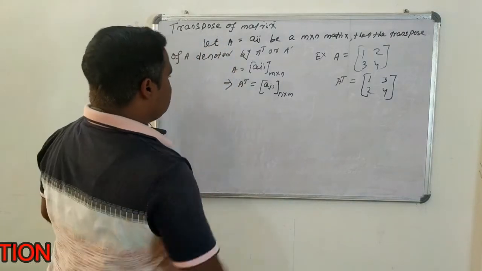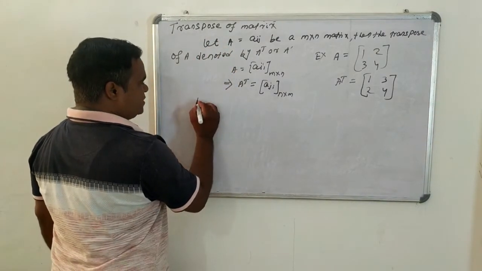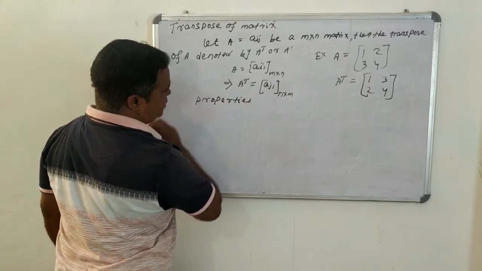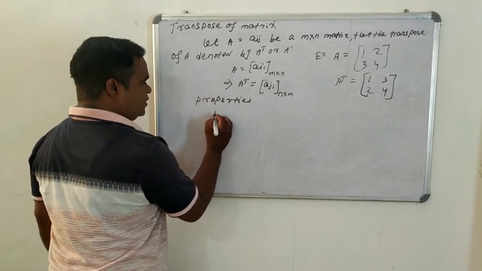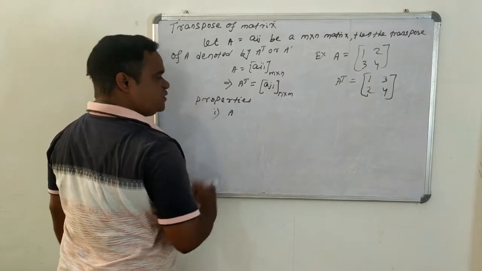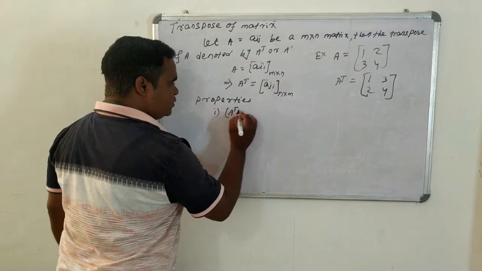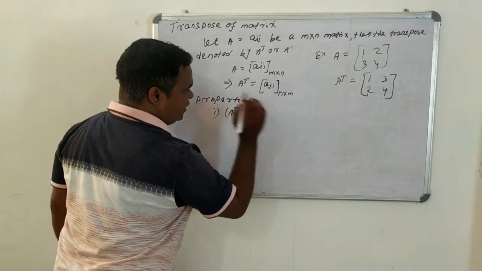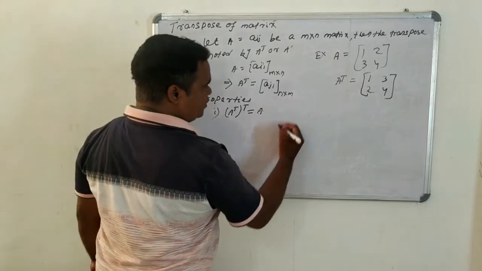Okay, so some properties of the transpose of a matrix. Property number 1: if A is a matrix and we take its transpose, then again the transpose of this is A. Let us take an example.